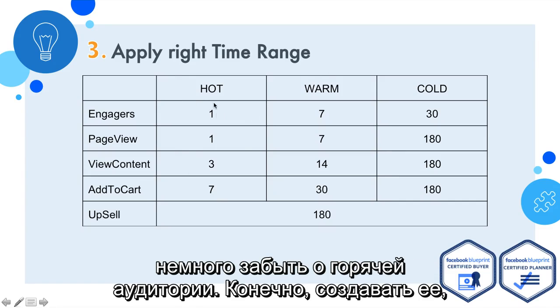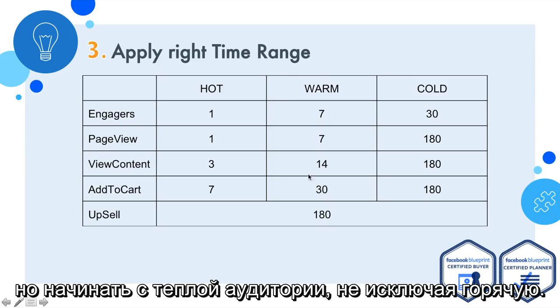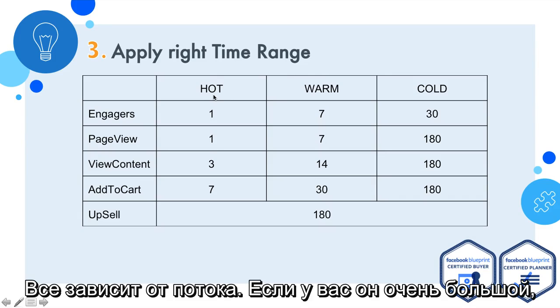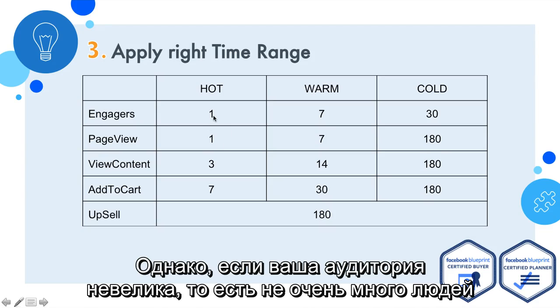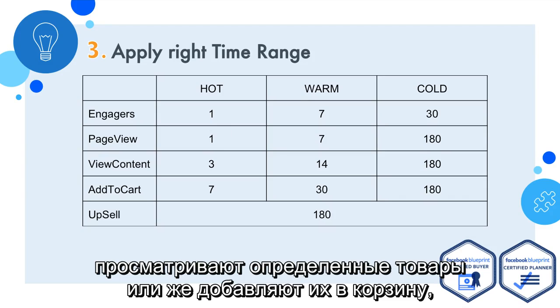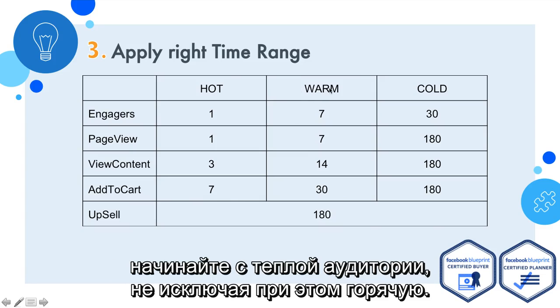I mean, you can still create them, but start with the warm audiences without excluding the hot ones. Depending on the volume you have, if you have very high volume, you can really go in those short time ranges. However, if you have low volume, so not so many people that view the specific content or add to the shopping cart, then start with the warm ones without excluding the hot ones.